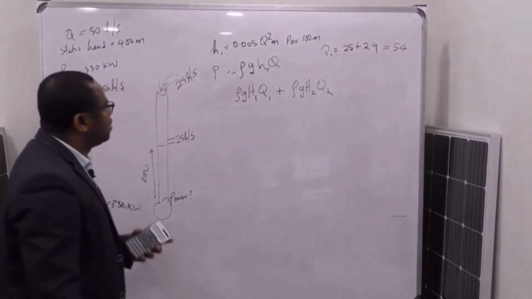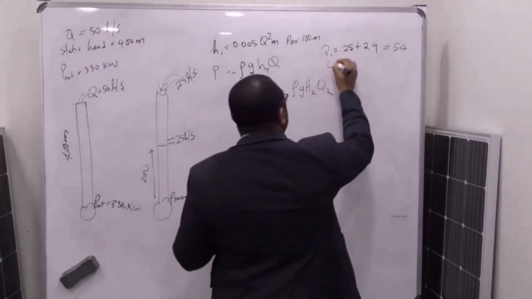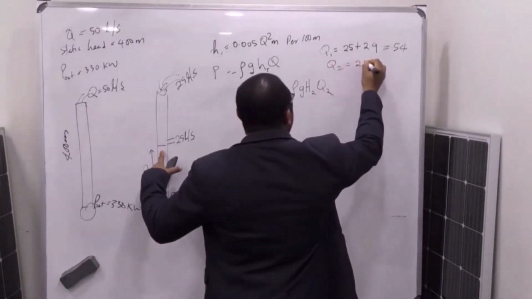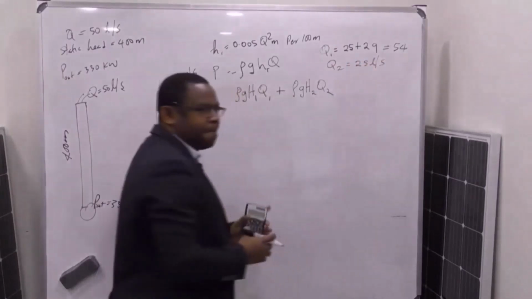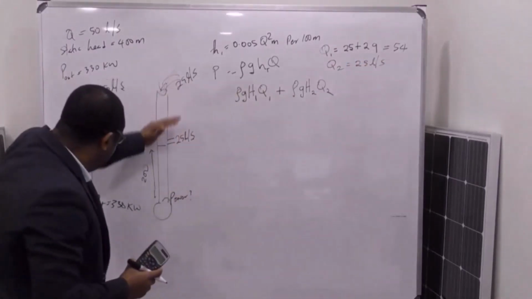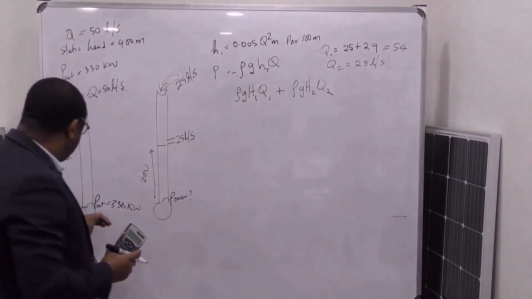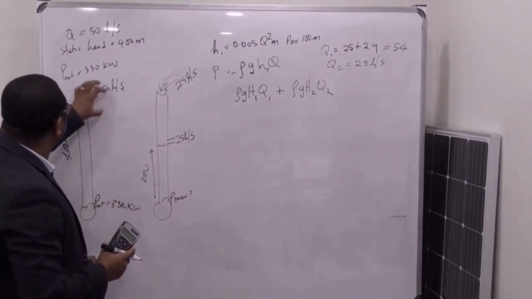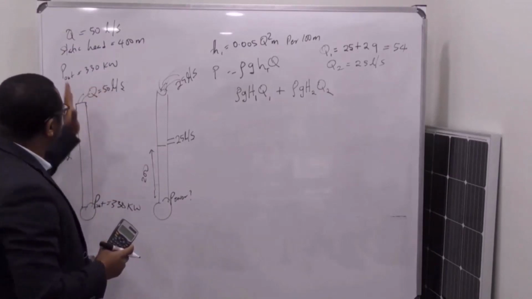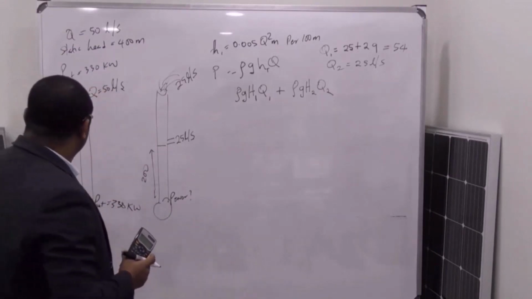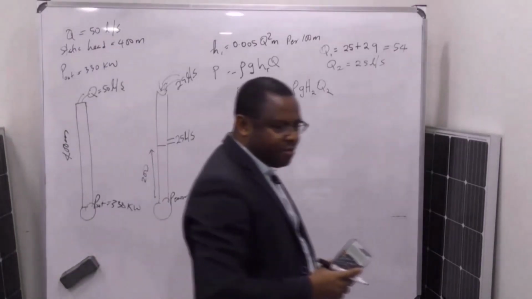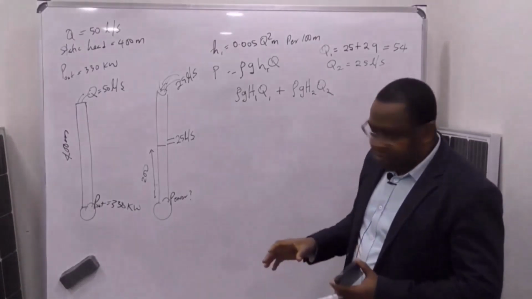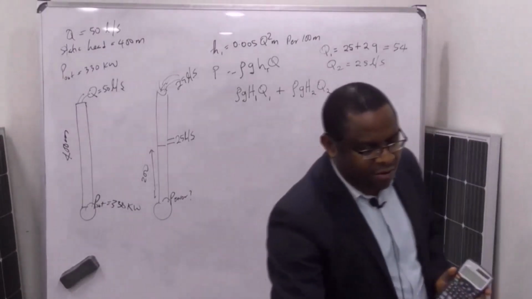Now, Q1 is 54 and Q2 is 25 liters per second. So we are just solving this. This is what is required to pump the whole of that through that against this 400 meters height.